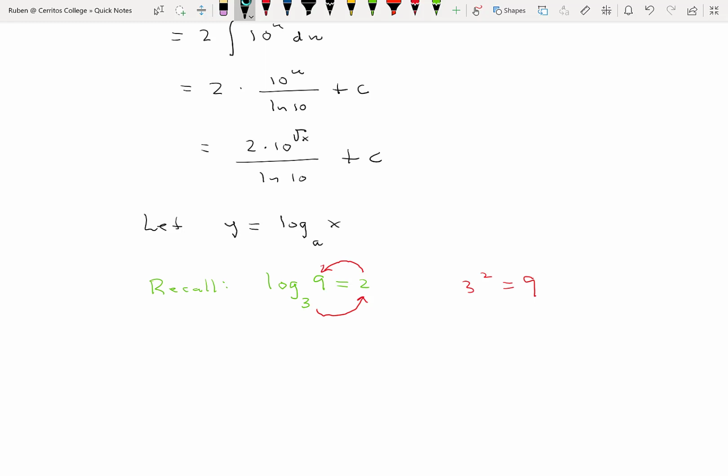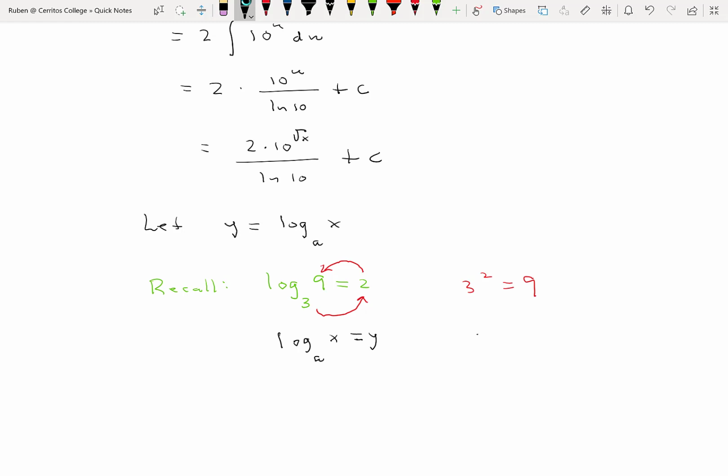I know that sounded pretty funny, but it's true. So let me put our expression right beneath that: log base a of x equals y, just writing it backwards from how I started it.